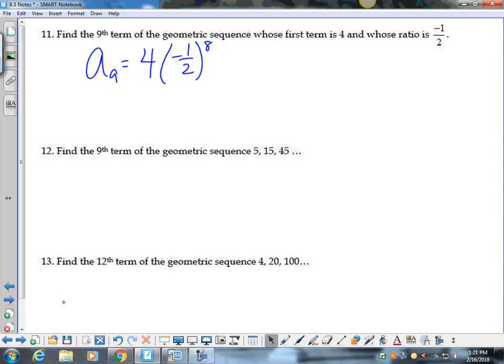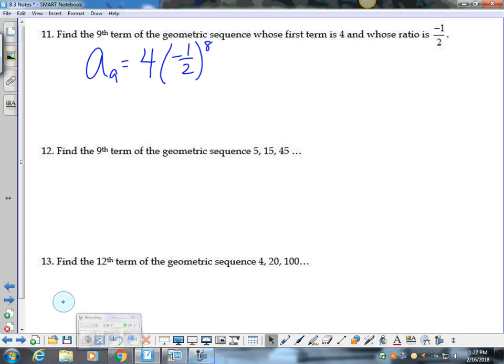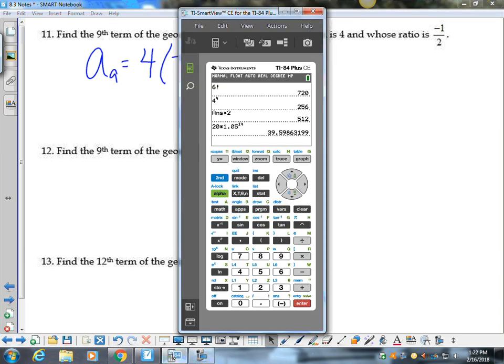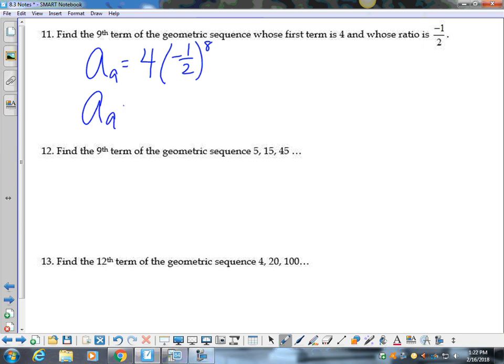Okay, so then you're going to very carefully type this into your calculator. And because it's fractiony, I'm going to stay fractiony. So 1 over 64.